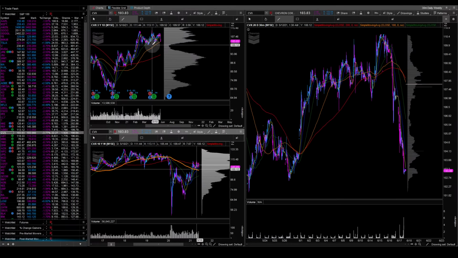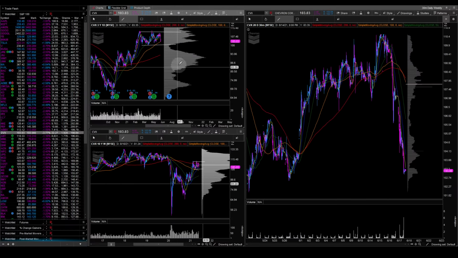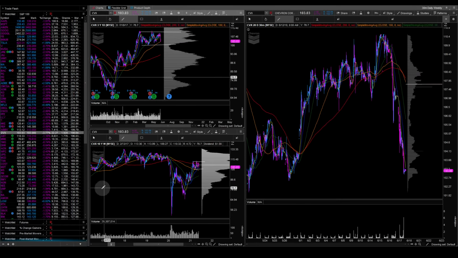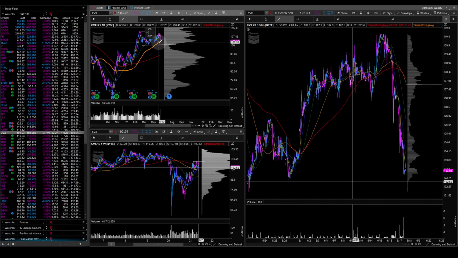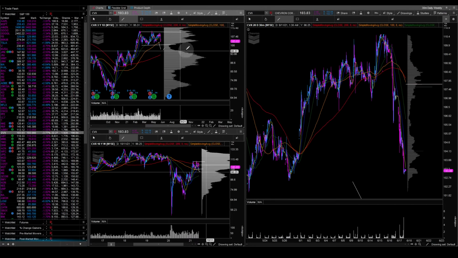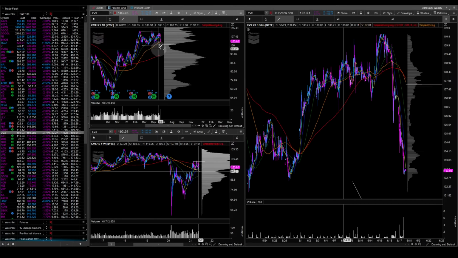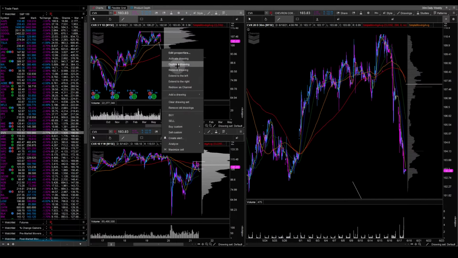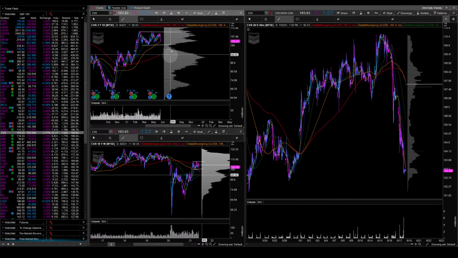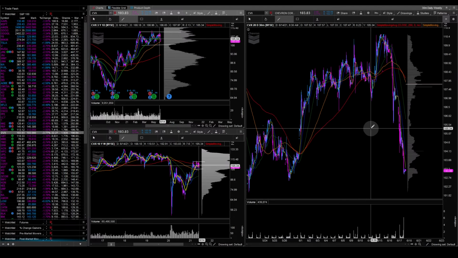So if it breaks this balance area here, not a good look. So obviously headed down, but this is support until proven otherwise. Could even false break to like here, and then find that and then rip back to the upside. Anyway, it won't let me draw here because of the volume profile. So that's interesting. I forgot the undo button. There's a shortcut on the keyboard for Thinkorswim, but I forgot what it was.